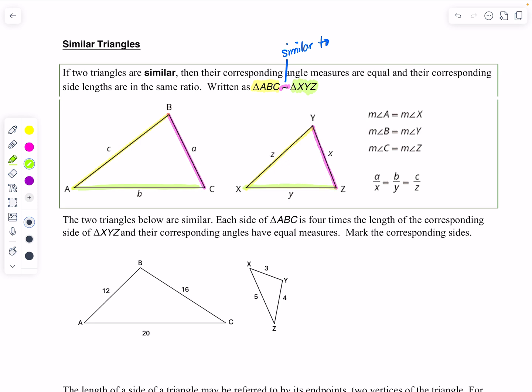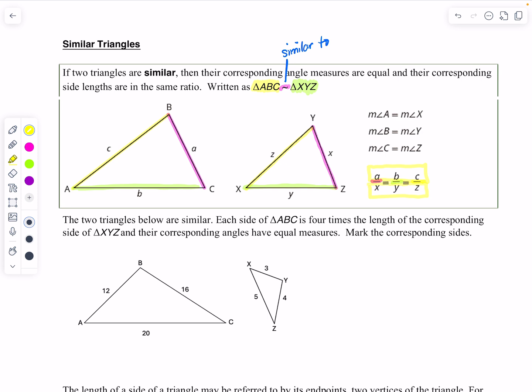So I can set up ratios. So if I look at A and X, those are pink, I can write A over X is equal to B over Y, that's the green, is equal to C over Z, which is the yellow, okay? I want you guys to notice that the triangles are ABC, the sides are all in the numerator, and the sides of the XYZ triangle are all in the denominator.